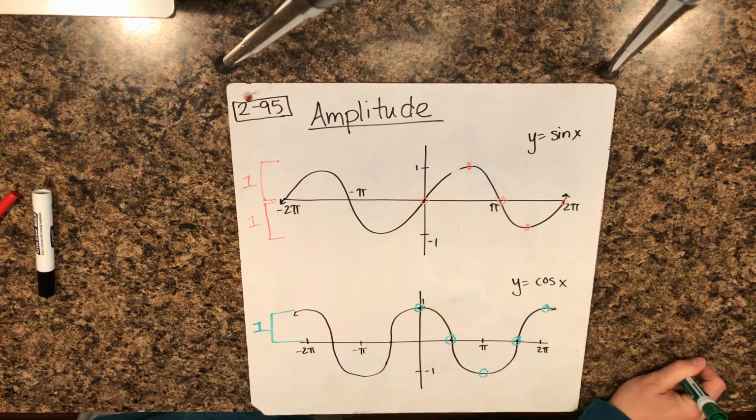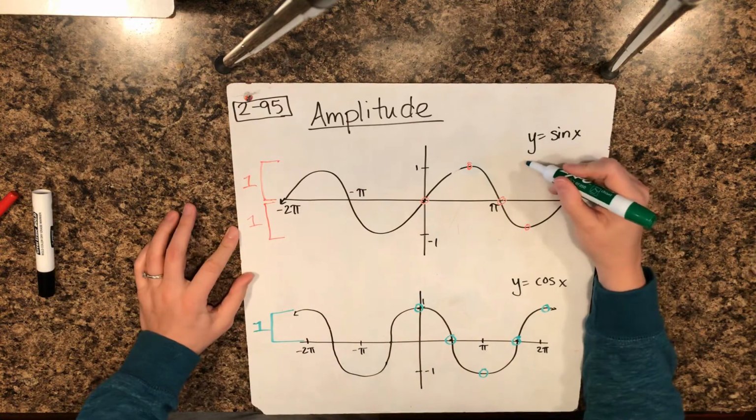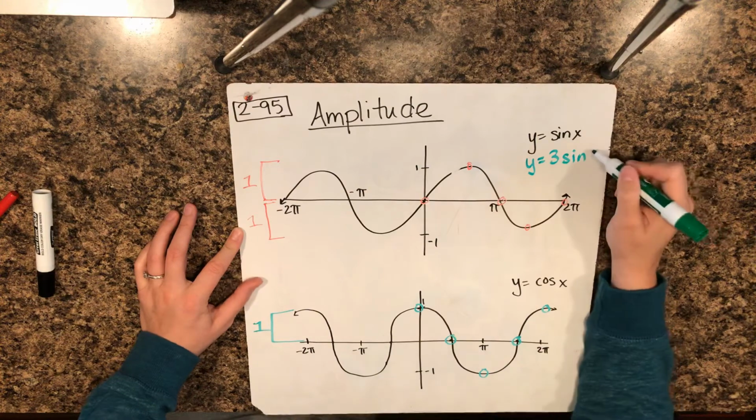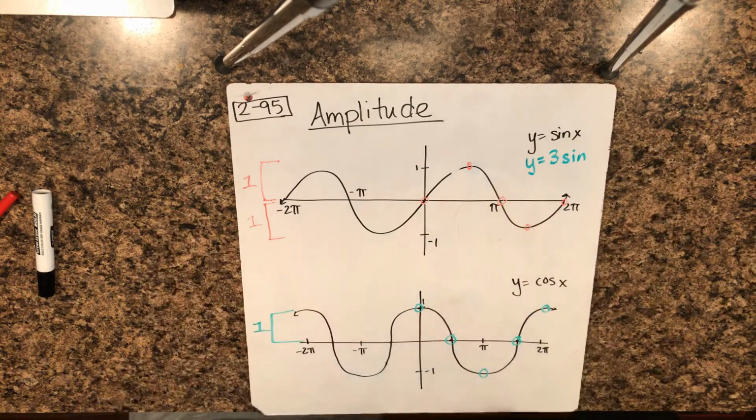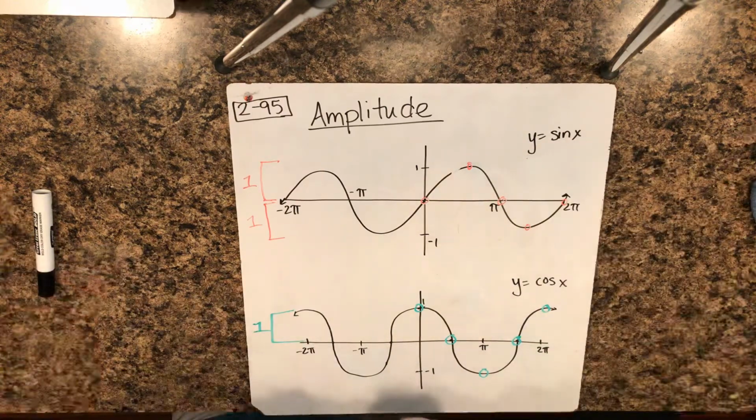In number 95, they also want me to sketch a transformation that has an amplitude of 3. Oops, I should have done that in red. Not a big deal, but I started on this graph in red.